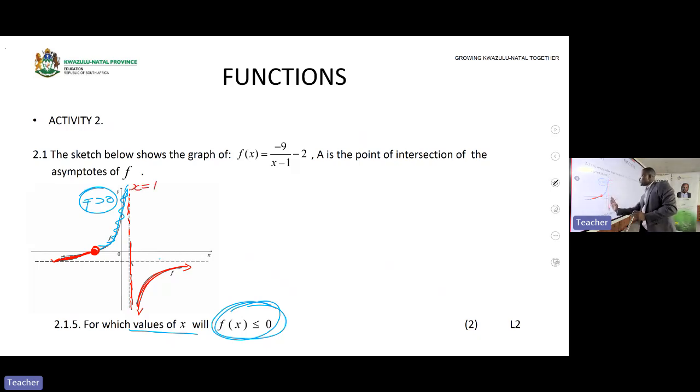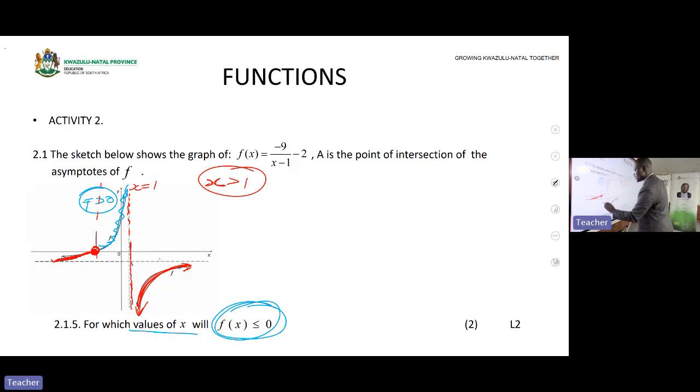So for all values greater than 1, the graph is less than or equal to 0. One of our possible answers is x greater than 1, because all these values are greater than the equation of the asymptote. In this region, our graph is less than 0.